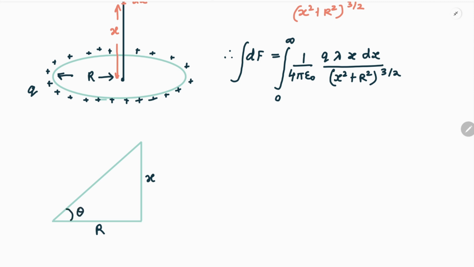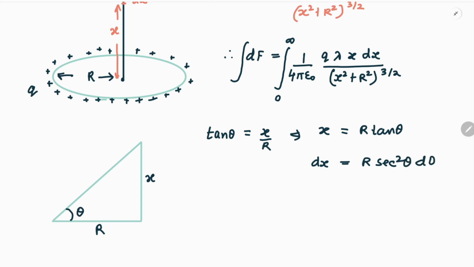If we consider this one as theta, then we can frame a substitution method to solve this integration. So over here I am writing tan theta equals x by r, and x can be written as r tan theta, and dx by d theta can be written as r sec square theta. Therefore dx can be written as r sec square theta d theta.